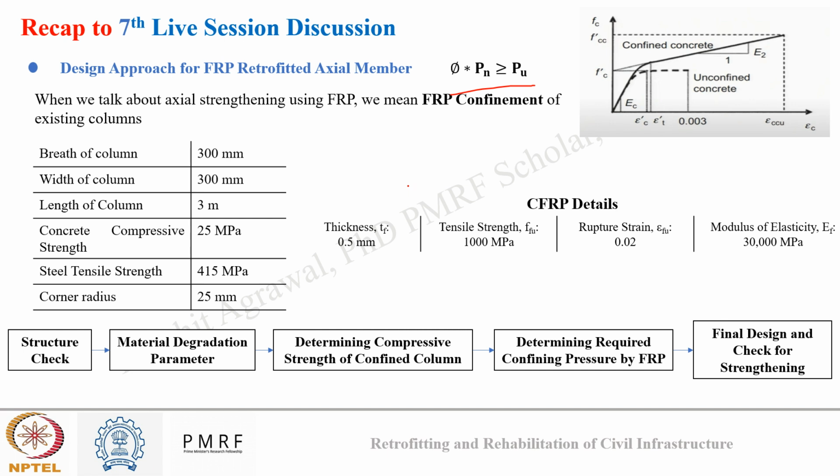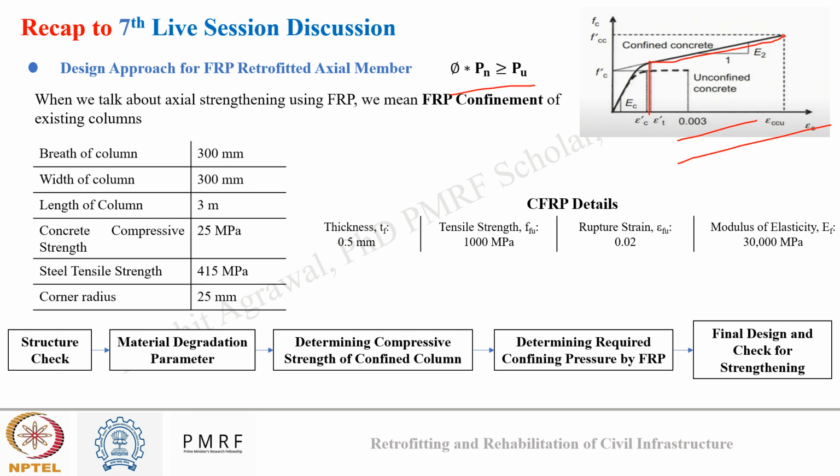Here we saw a stress-strain diagram, which is a bilinear diagram in this case. The initial parabolic portion represents the concrete under axial load, and the later linear portion represents the FRP when it takes control after concrete failure.